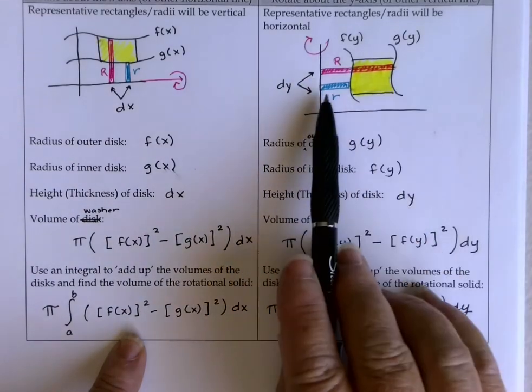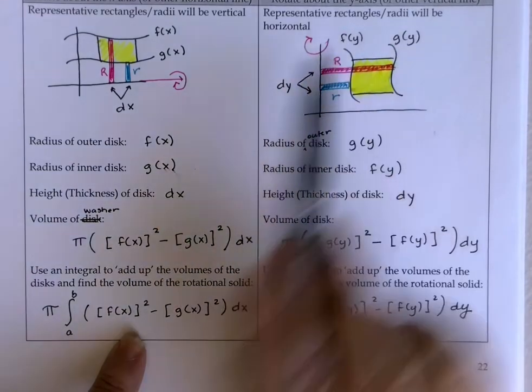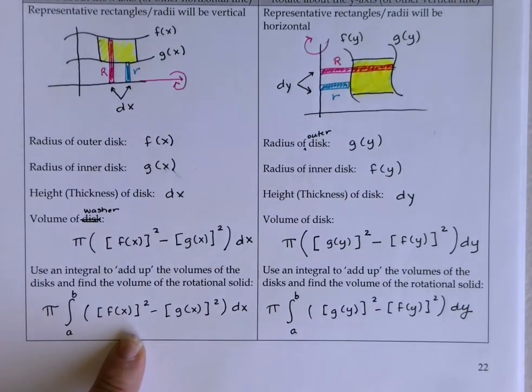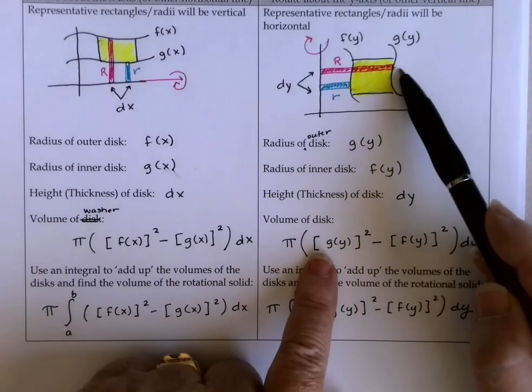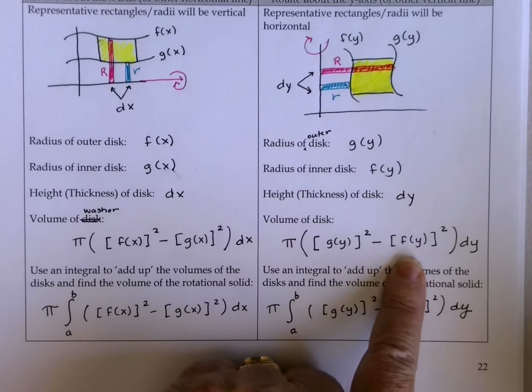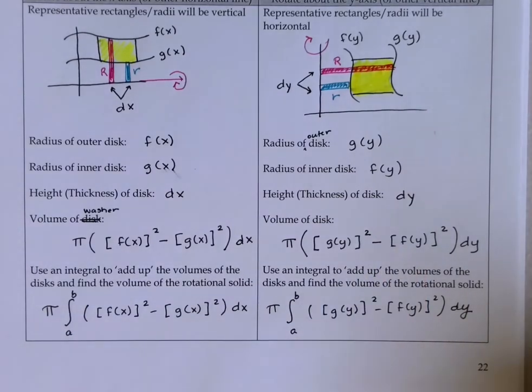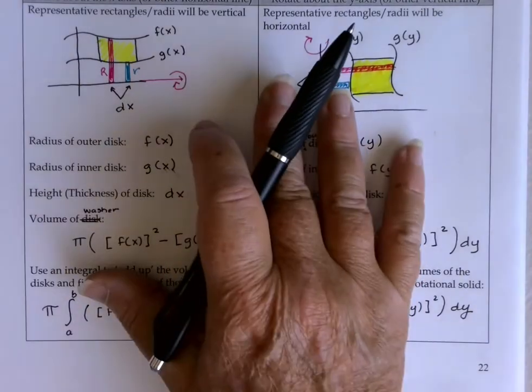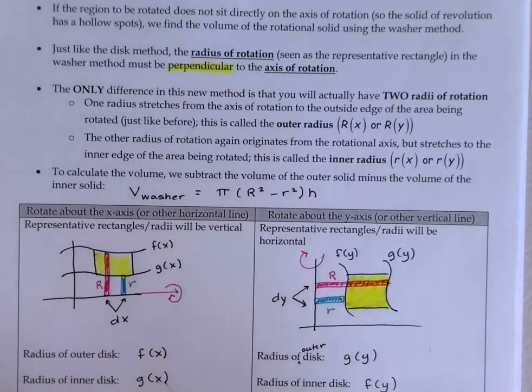And if we've got horizontal rectangles, so our functions are functions of y, we have pi times large radius g of y squared minus small radius f of y squared, and again integrating to get the volume. So I won't spend extra time on that. It's just a small step from our disk method. And again, that's also filled out for you in your filled out notes.